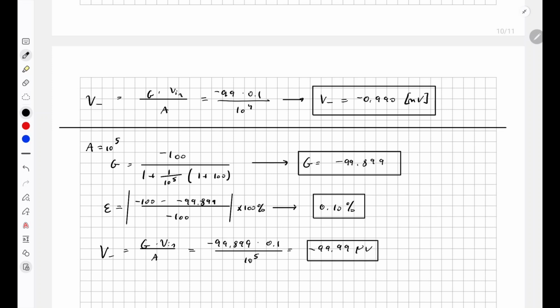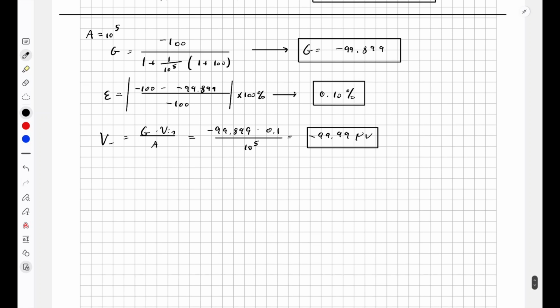The point of this exercise was to summarize into a table. So we're just going to make a table here. We did three practice problems.